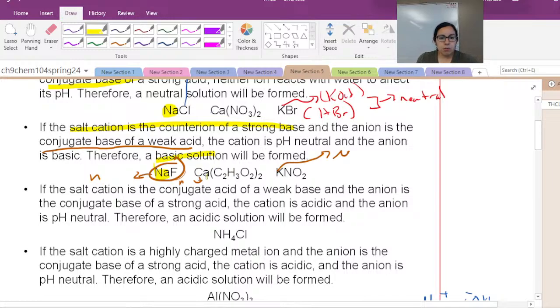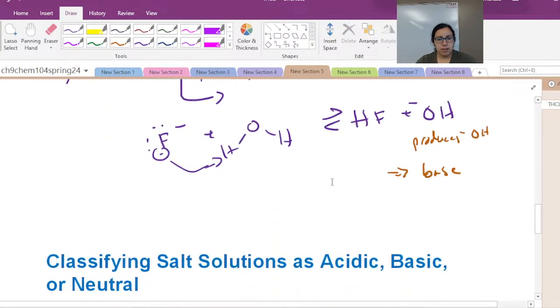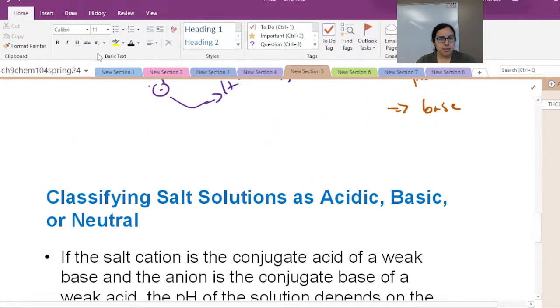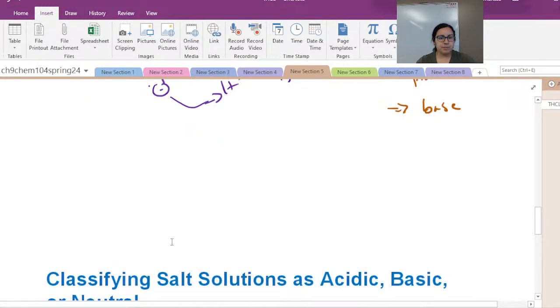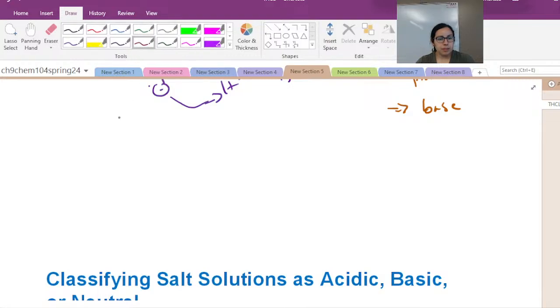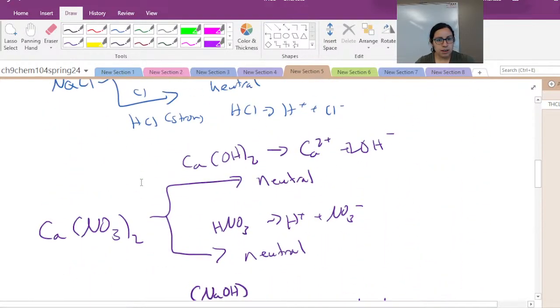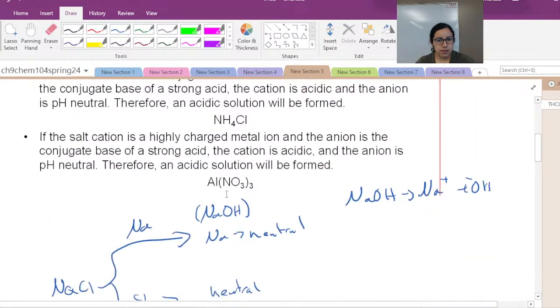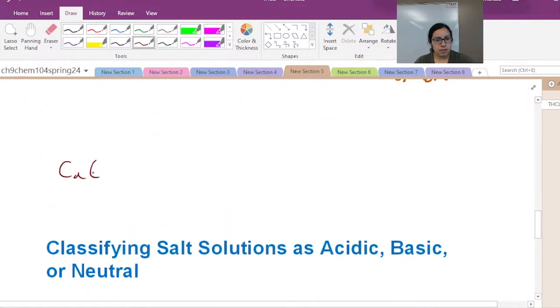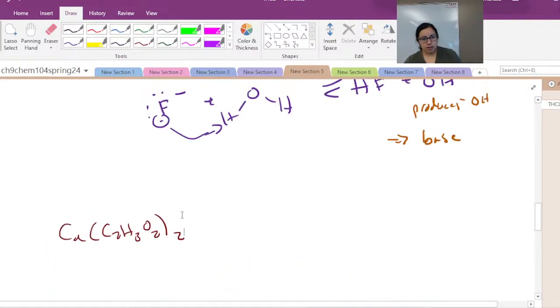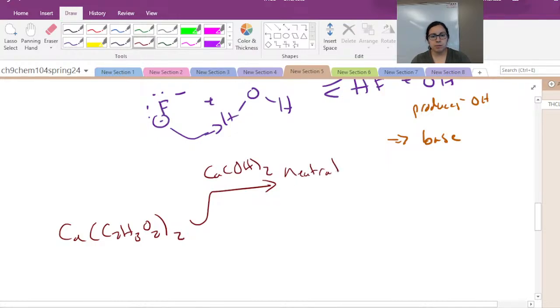Let's see that with calcium acetate as well, so we can see the analysis and also the reaction. Now we have calcium acetate, and I still can't remember the formula for acetate. Again, we do our analysis: calcium, from calcium hydroxide, we've established as neutral.